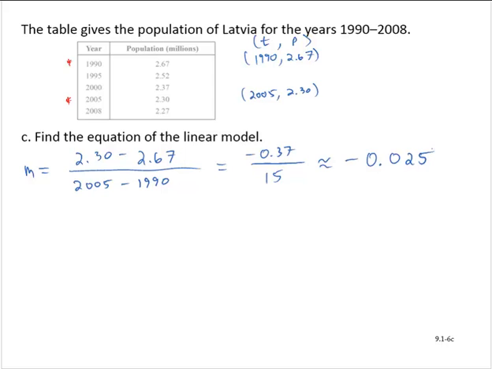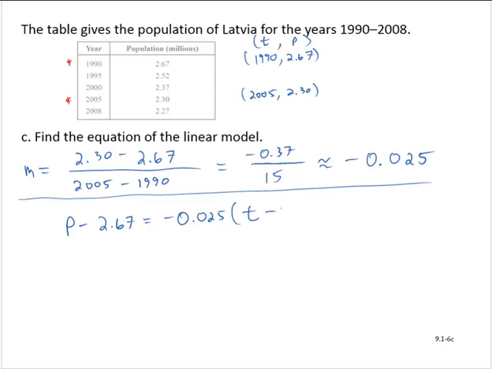Now using one of the points, I'm just going to use the first point. So then I can write point slope form. P minus 2.67 is equal to negative 0.025 times T minus 1990. P minus 2.67 is negative 0.025 T. Negative times a negative is positive, and negative 0.025 times 1990 is 49.75, and I took care of the negative already, negative times a negative being positive.